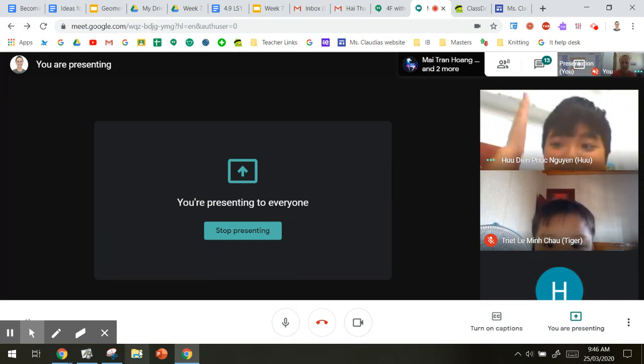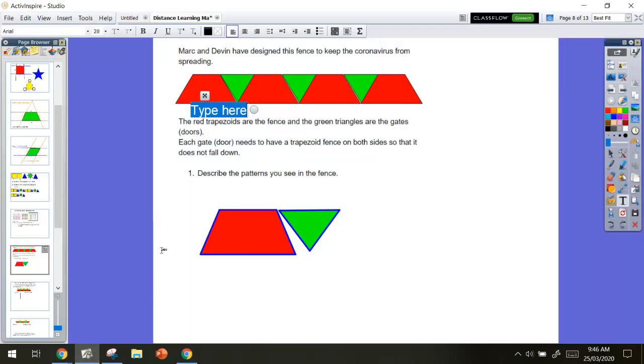Who can tell me what the pattern letters are? Anna, can you tell me what the pattern letters are? So this would be A. What would the green triangle be? B. Yep. Make sure you're not calling out though. All right, what's the next one?